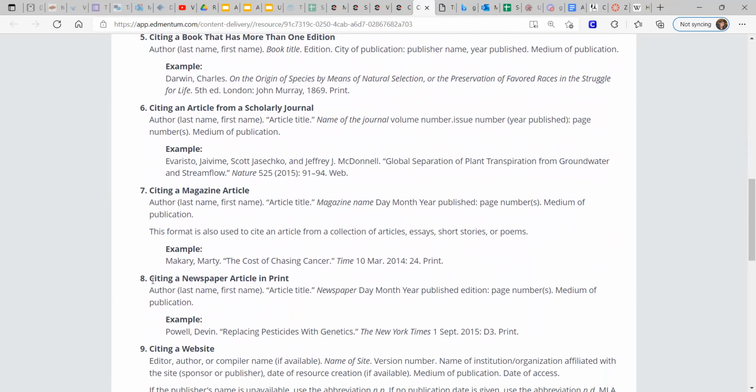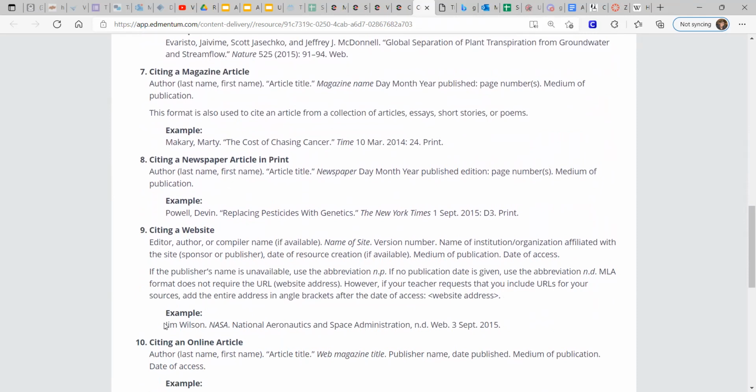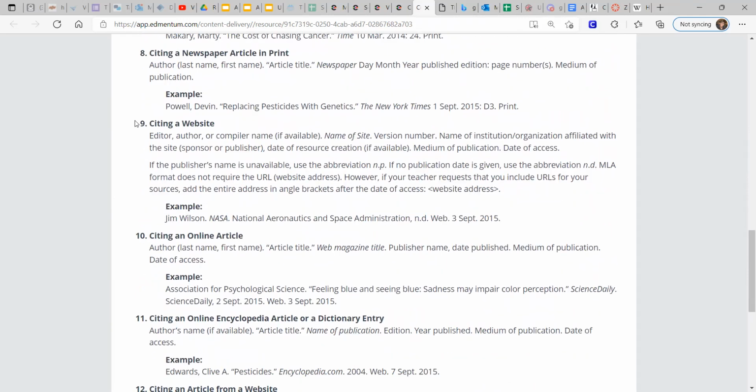6, 7, 8, 9. Okay, actually 9. If you're citing a website or an online article, 9 and 10 are good examples of that. So this is citing a NASA website from 2015.